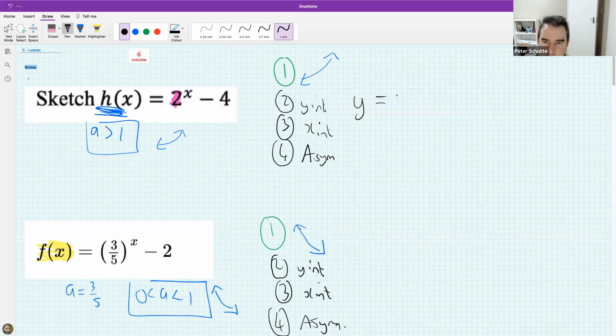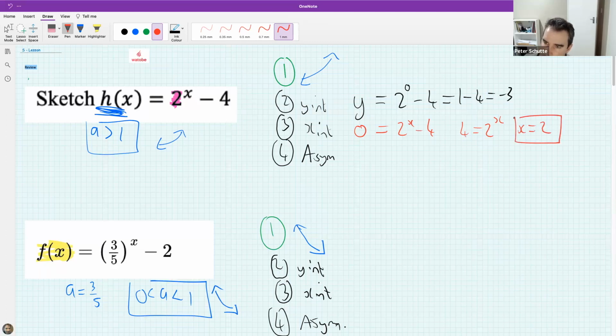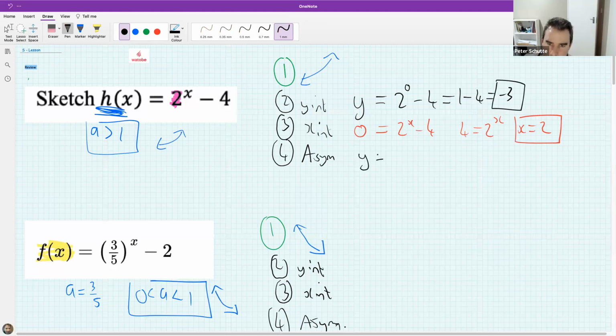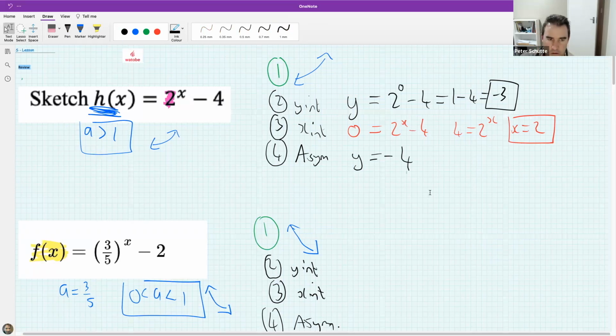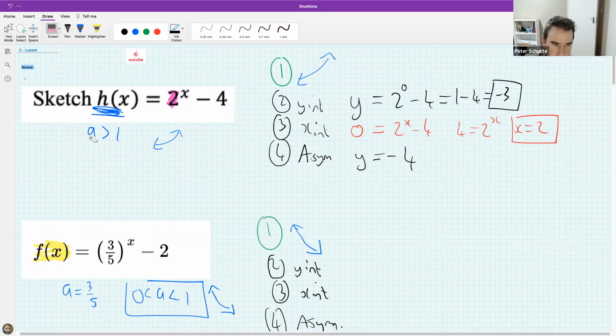Okay, so y-intercept we get... so for the first one, I'm going to say that all the information should look like this.